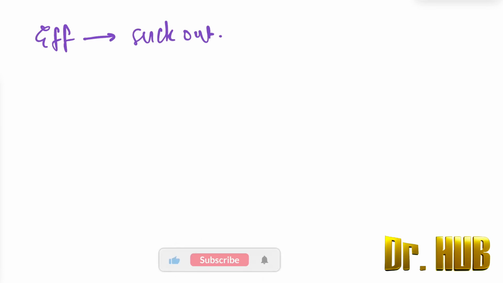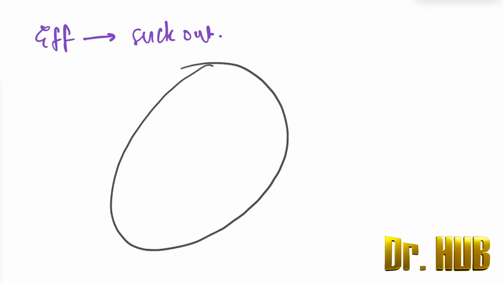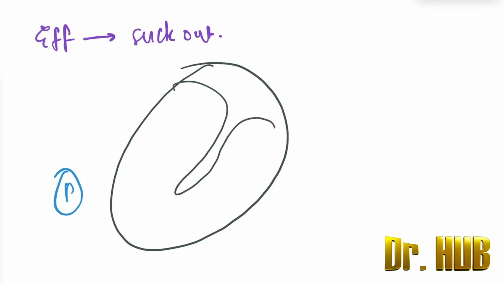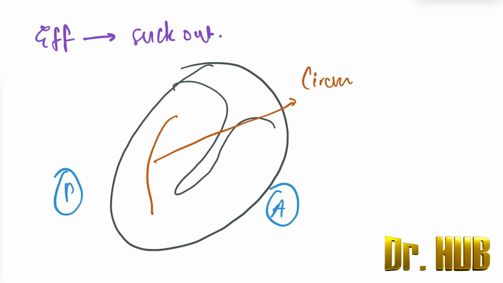Next, just showing a rough diagram. This is how the tympanic membrane looks. This is the posterior end, this is the anterior end. This is the circumferential incision, used in case of ASOM.